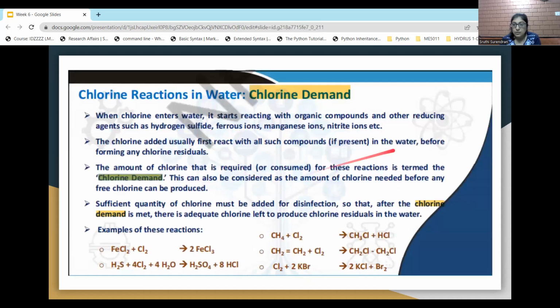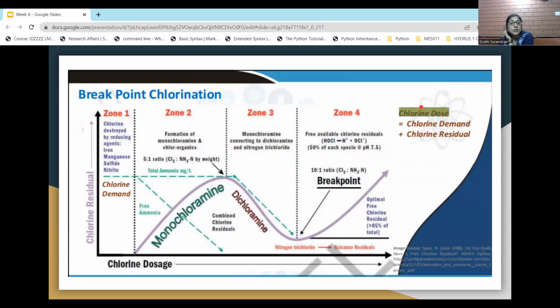Okay. So like I said, chlorine dose is equal to chlorine demand plus chlorine residual.